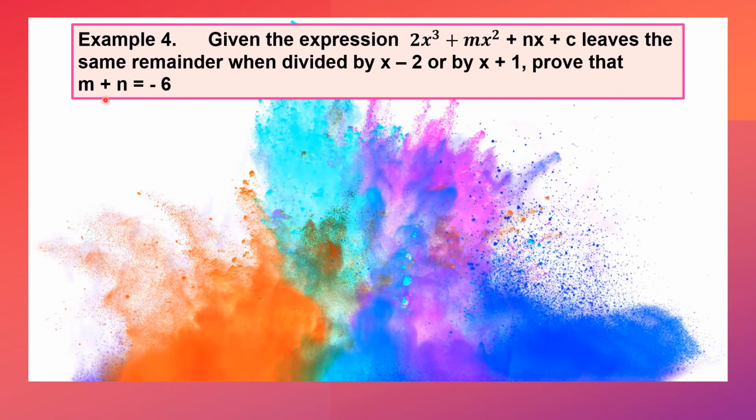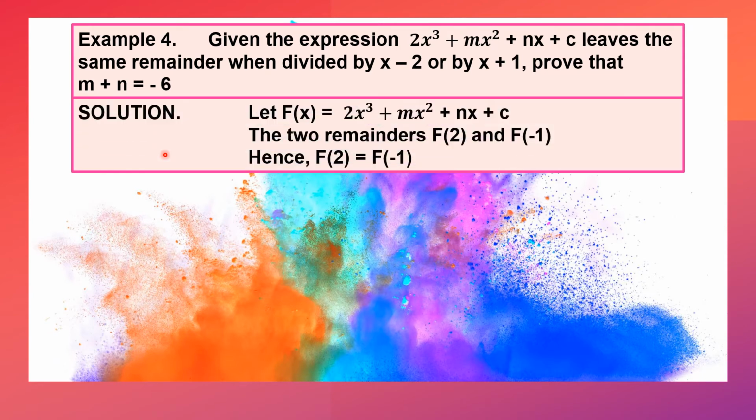Prove that m plus n equals negative 6. Solution. Let f of x equal the expression 2x cubed plus mx squared plus nx plus c. And the two remainders are f of 2 and f of negative 1.